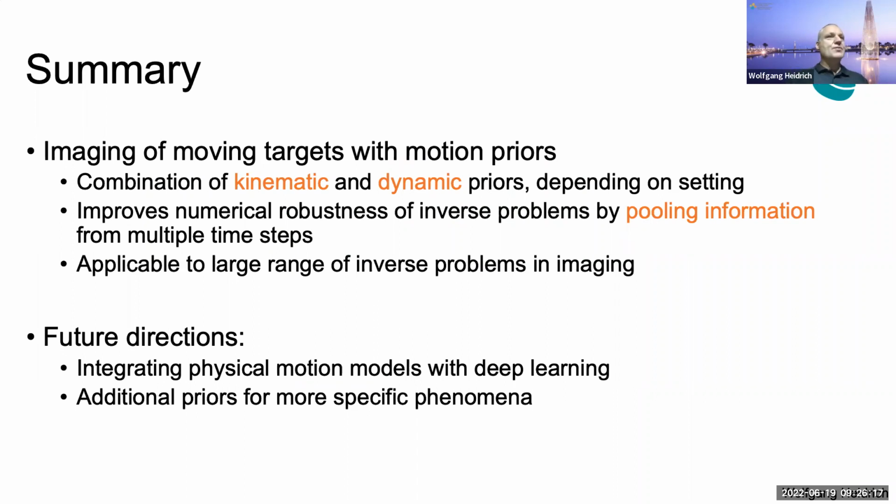One is a kinematic prior, which basically just says this fundamental consistency information that you can put into your reconstruction problem. And then more generally, you can have dynamic priors if the phenomena you're trying to observe has certain extra properties. So this is really information that you need to decide whether it holds for you or not.